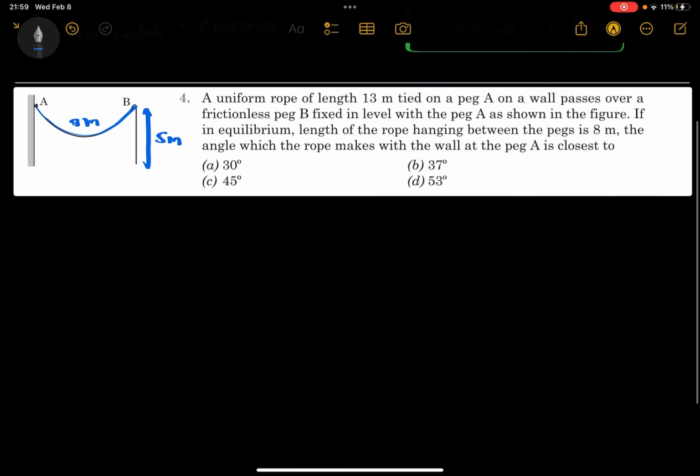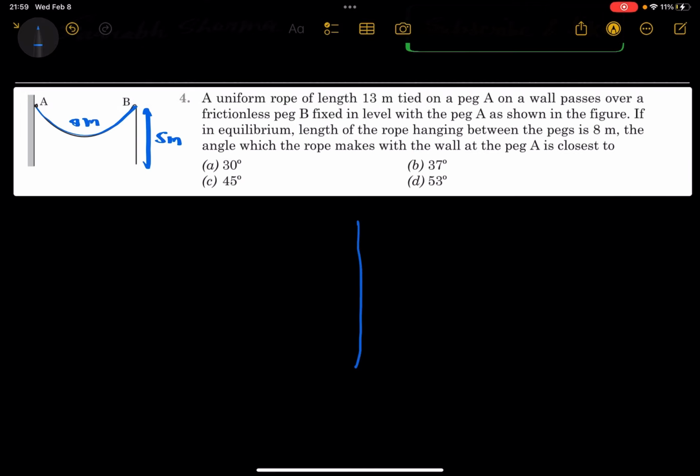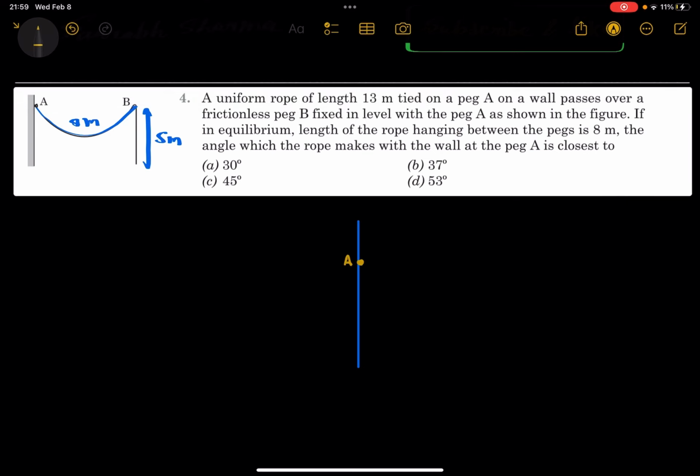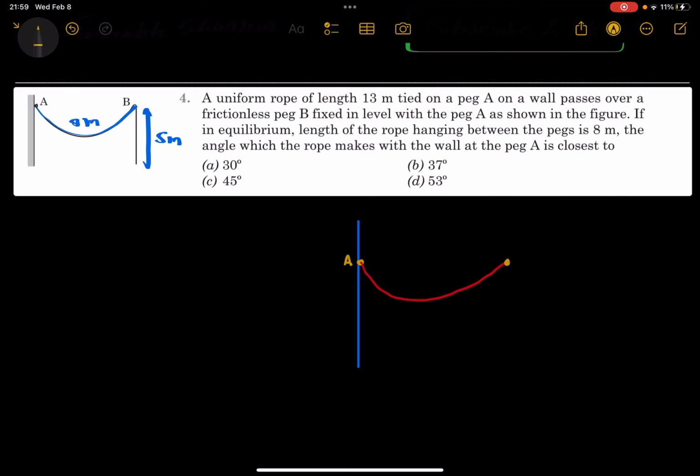Suppose, my dear friends, this is the wall, and from this wall there is a point A here, and at this point A the rope is hanging in such a way, like this, and at this point B it is passing like this.